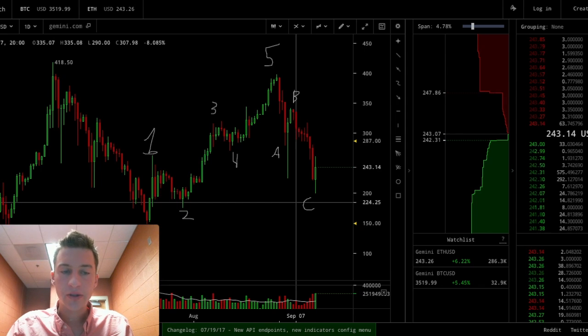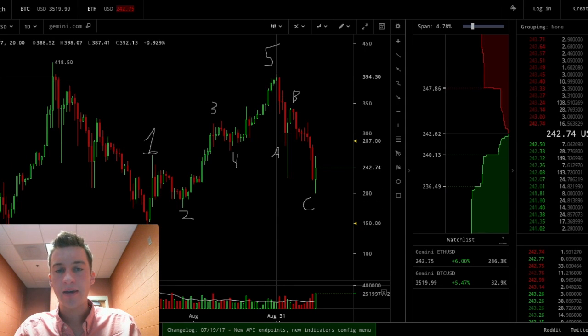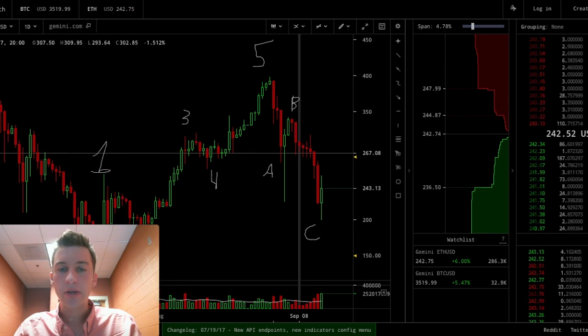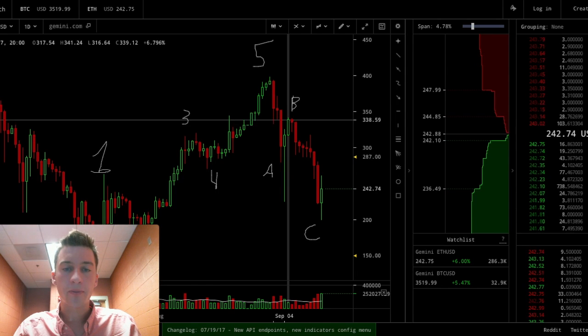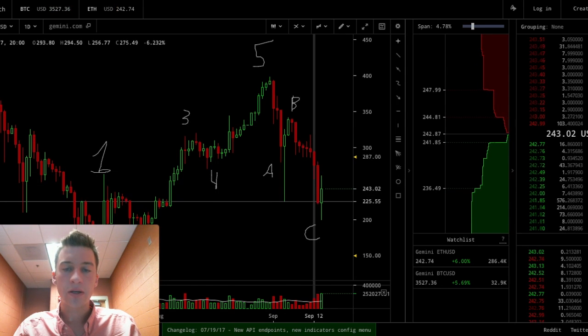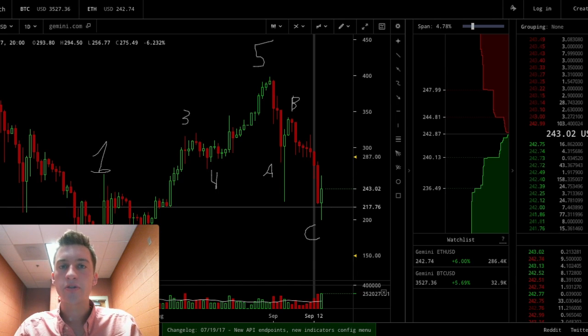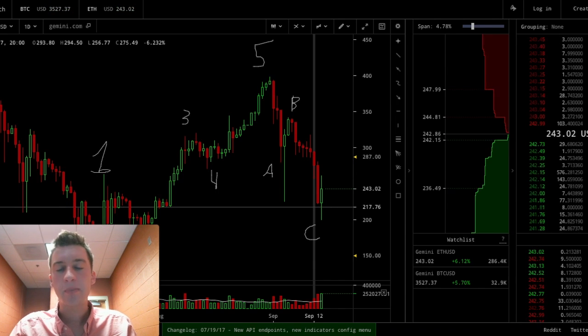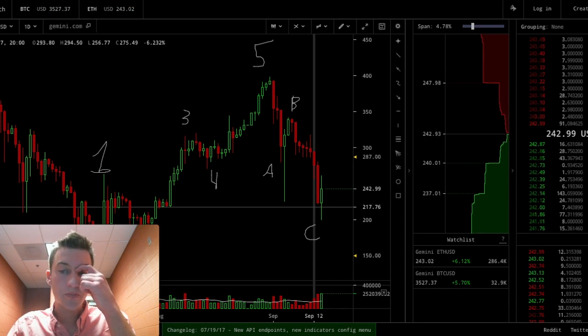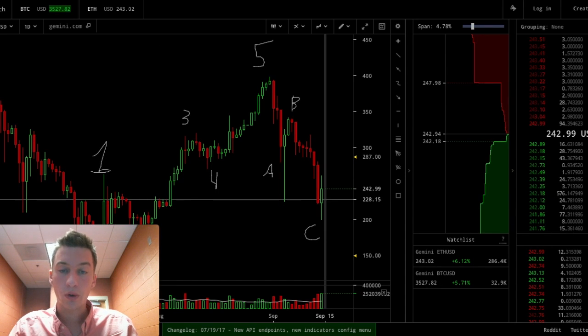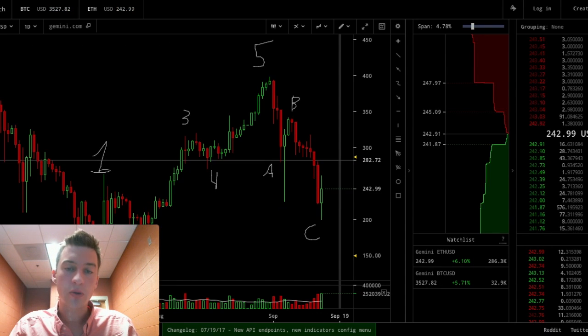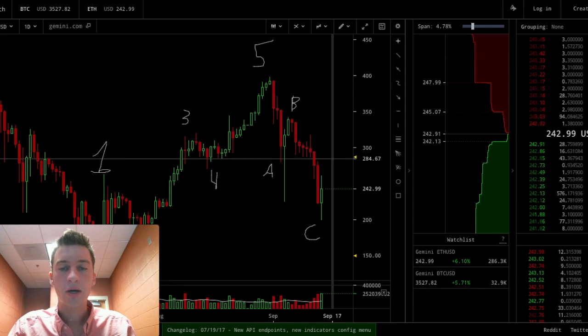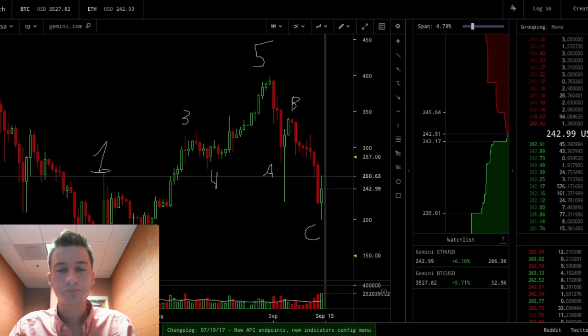So that's the second reason why I think so, because we have wave A that went down 118, and we can see here that wave B went from 341 down to the low here of around 223, which is also 118, same magnitude. So I think because of that, we're likely going to see the wave 1 pattern up to 287. I'm going to be talking about why 287 shortly.